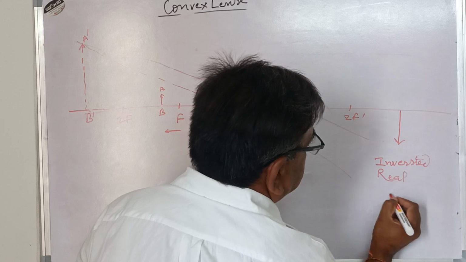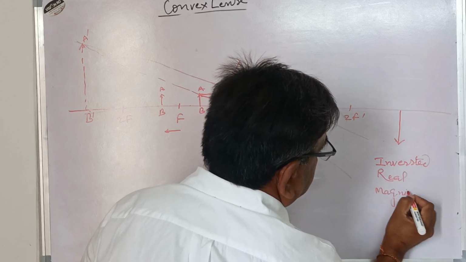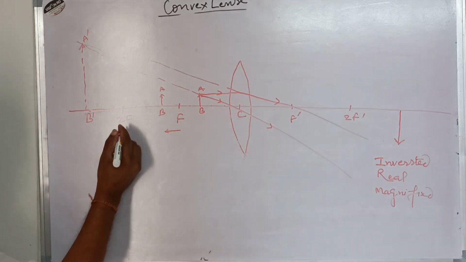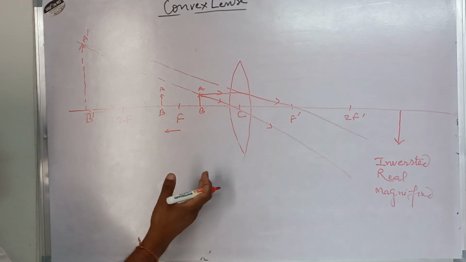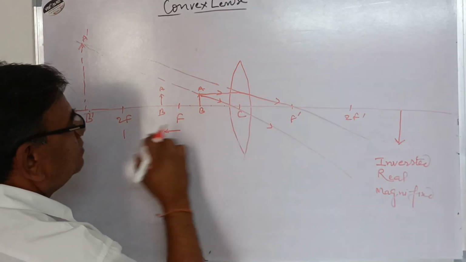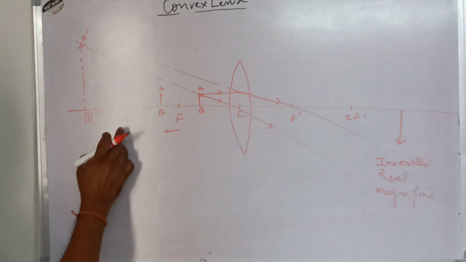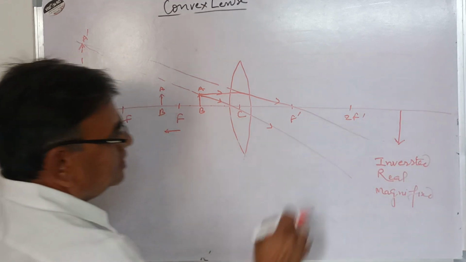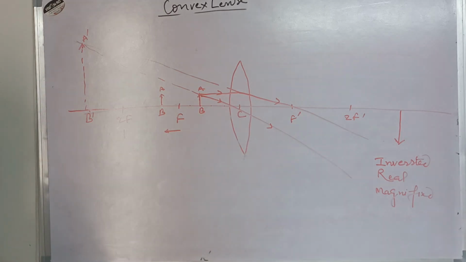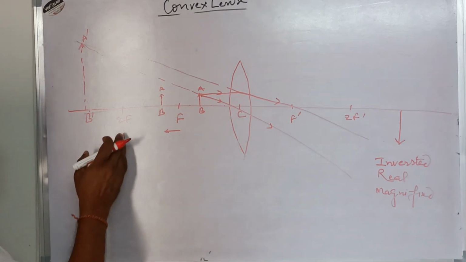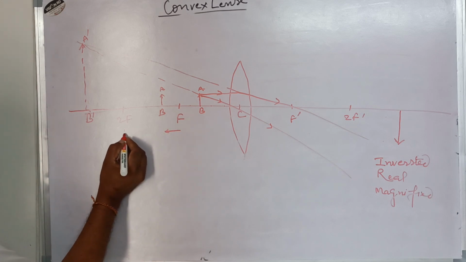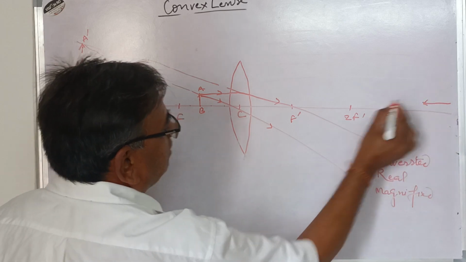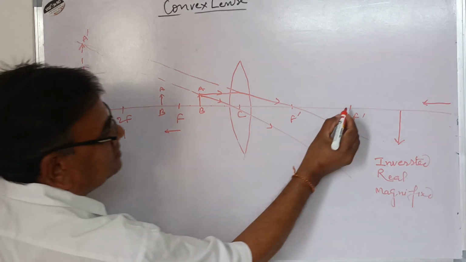Real, magnified. Why will it be magnified? When the object moves this way and reaches 2f, then the image will be of equal size and will be here. So till your object is on the right side of 2f, your image will be magnified beyond 2f dash. It will be inverted anyway, but when the object moves to this side, your image will also move this side, and when the object reaches 2f, the image will reach 2f dash.